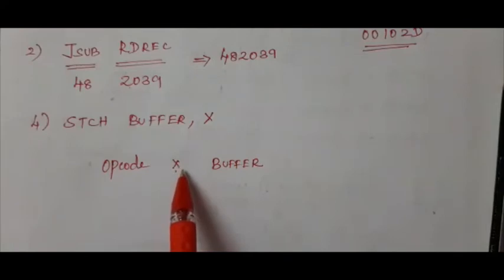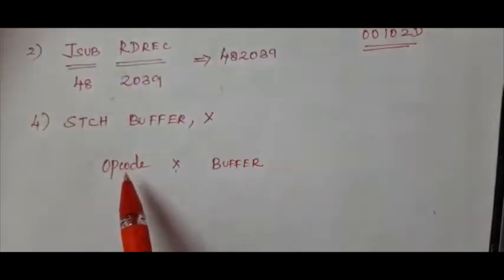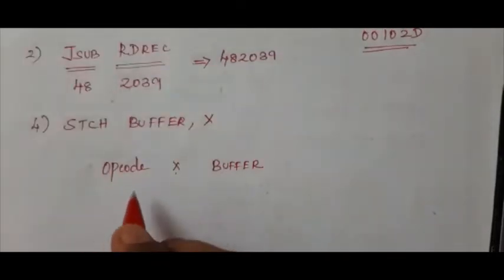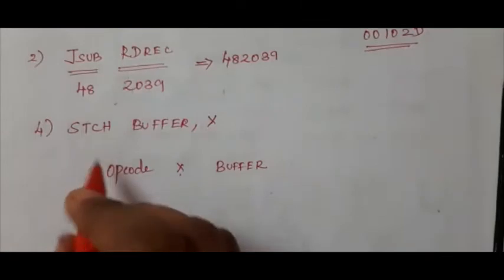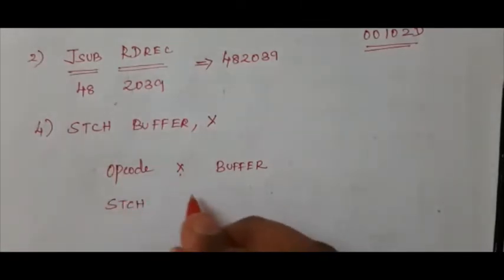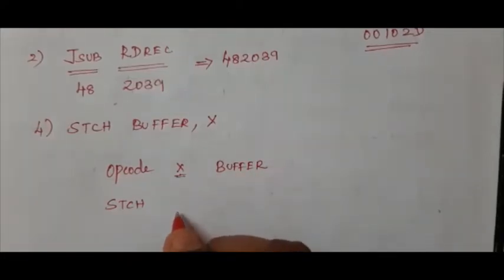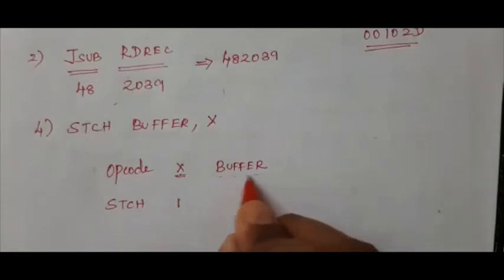If it is a direct addressing mode, it is set to 0. And the opcode is the mnemonic or operation code. Here, our opcode is STCH. And since it is an indexed addressing mode, we are going to set X to 1. And the buffer.